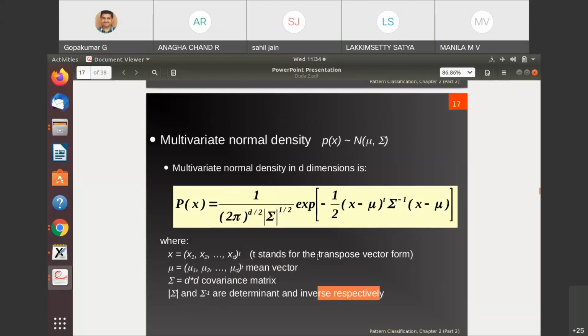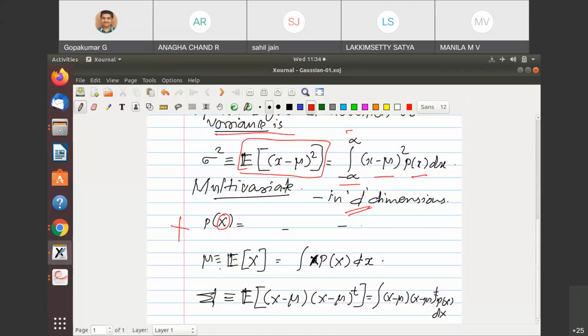So this is the general equation for a multivariate normal density in d dimensions. Here also we can define the expected value of x, because that is the mu value, but here you have to consider the entire vector or the entire feature space. Similarly we can define the covariance matrix.